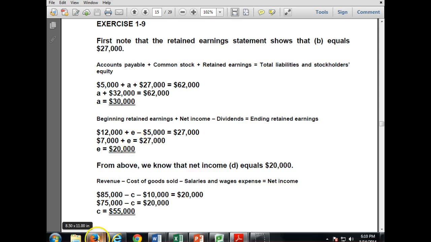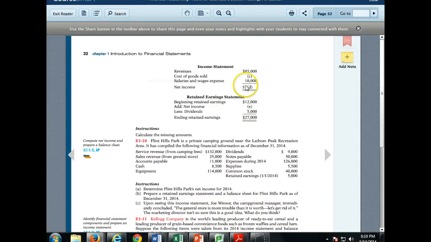So if we go back here and our net income has to be 20,000, do you see how we can plug in what our cost of goods sold needs to be? If we're going to end up with 20,000 of net income from 85, then we've got to have 60,000 in total costs and expenses.